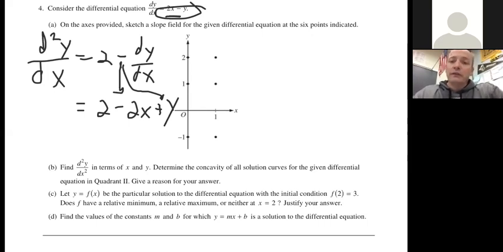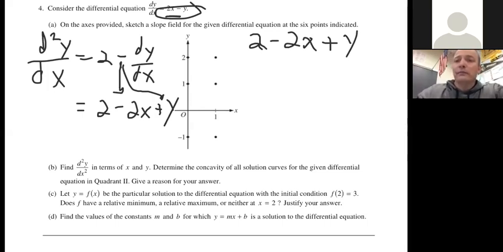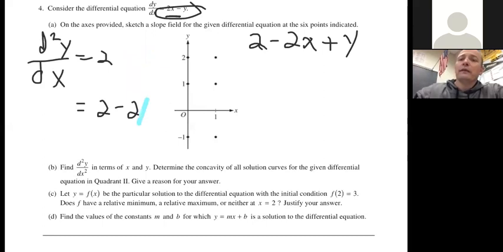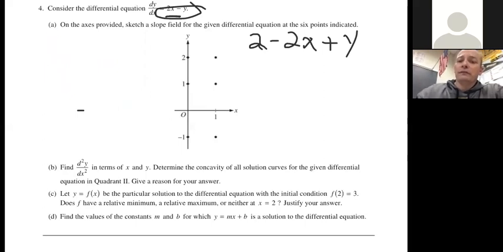Then for the second part of this question, the questioner wants to know what kind of concavity is in the second quadrant. Well, I have 2 minus 2x plus y. Let me erase all this. So the second quadrant, something you're supposed to know from Algebra 1, is x is negative and y is positive.